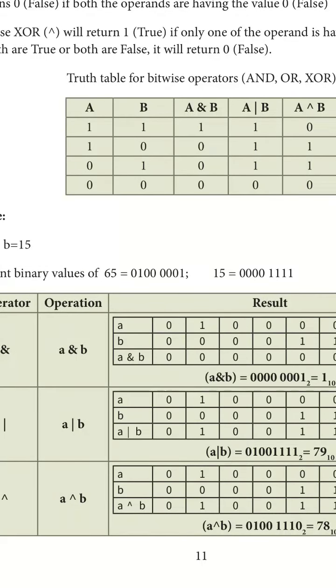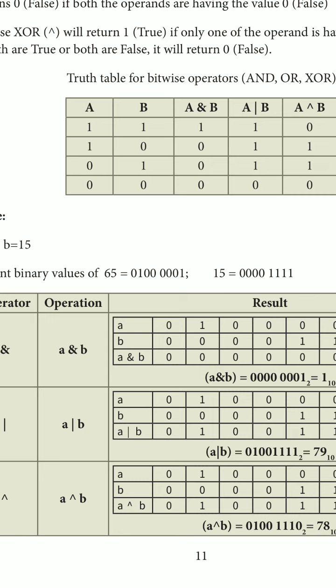These kinds of problems can be given to you in the question paper to solve. They will give you a is equal to 7 and b is equal to 10, and ask for a and b. This kind of problem can be given in your exams. You have to convert 7 and 10 to binary and write them in 8 bit order.